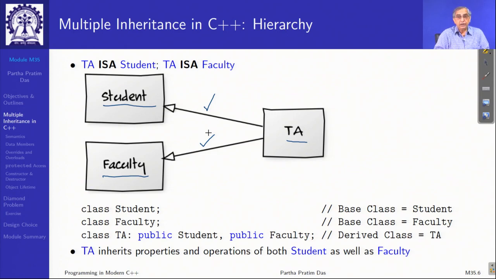A teaching assistant occasionally may even deliver a few special lectures. So, when we have to model this, we have a base class student and a base class faculty, and when we show this inheritance, we will have to put both these base classes on the inheritance line. So, public student and public faculty, the derived class will inherit from both of them. That is the basic idea of multiple inheritance.